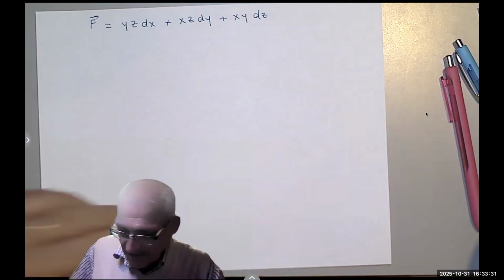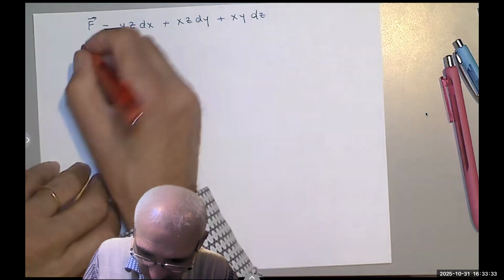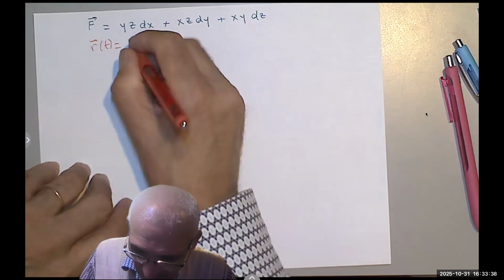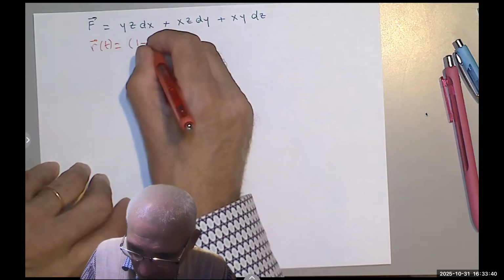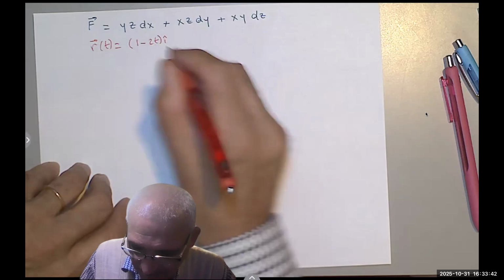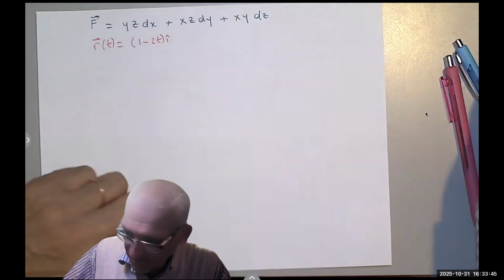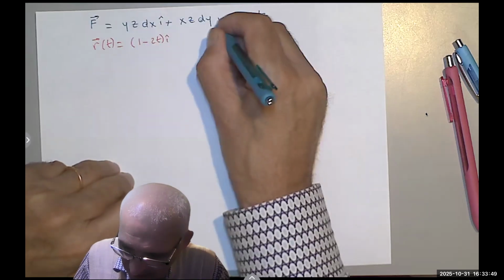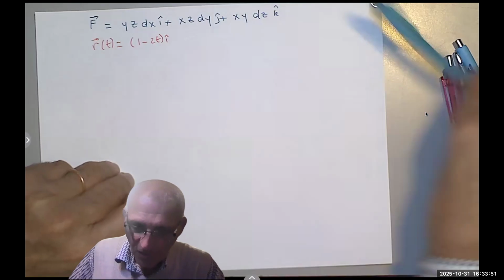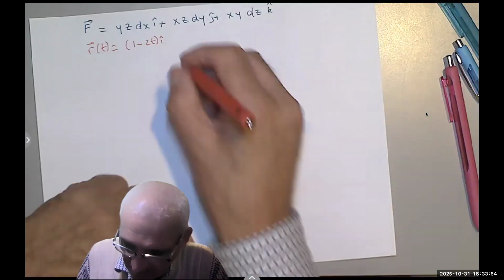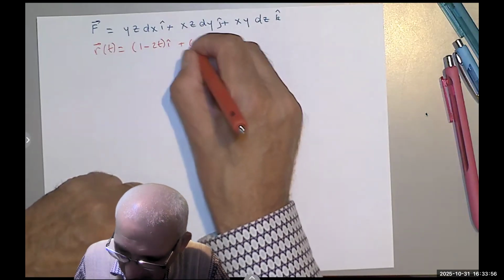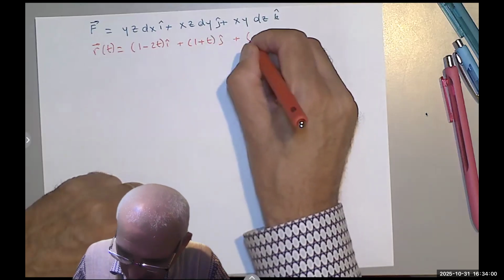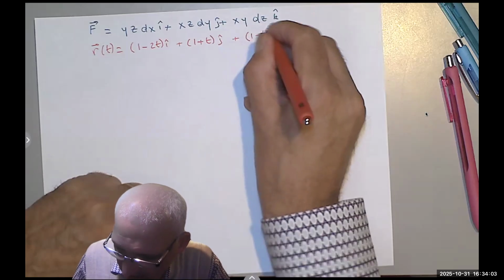Let's write first the position vector, r of t, is given to you as 1 minus 2t i. And again, since here I made that a vector, I would have to say i, j, and k also. Or write it differently, plus (1 plus t) j plus (1 minus t) k.